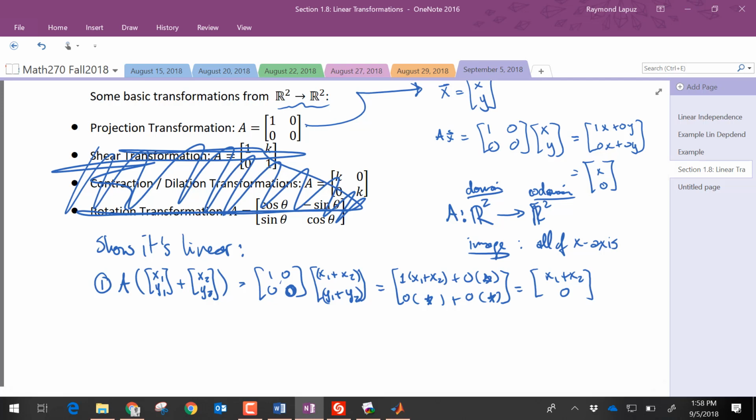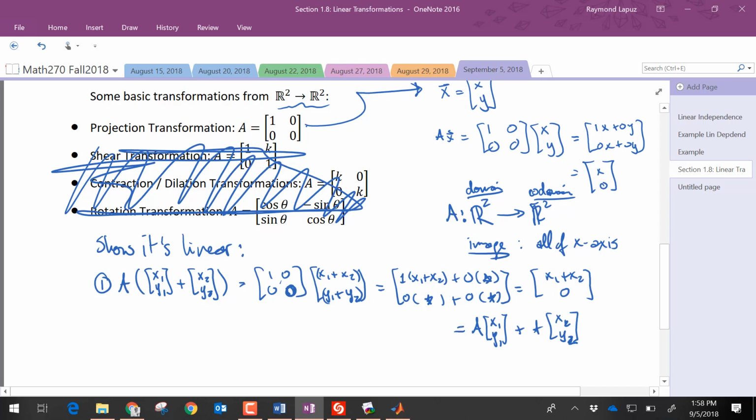Now we can take that apart, or we can just meet in the middle when we're trying to prove something. I don't know if this is a good thing to do, but I'm going to write it backwards. So this is what I want in the end, right?